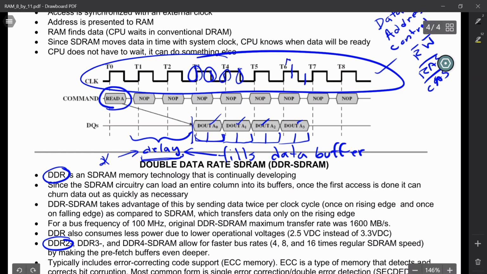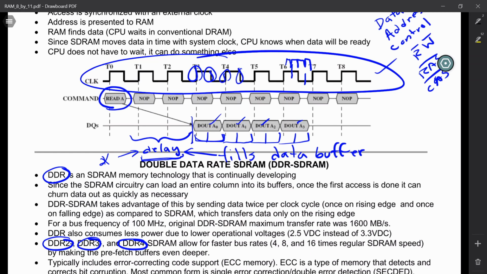But in that case, we were sending 1, 2, 3, 4 bytes of data back in a single clock pulse, hence DDR2. DDR3, you sent back 8 bytes of data in a single clock pulse. DDR4, you're sending 16 bytes of data in a single clock pulse.